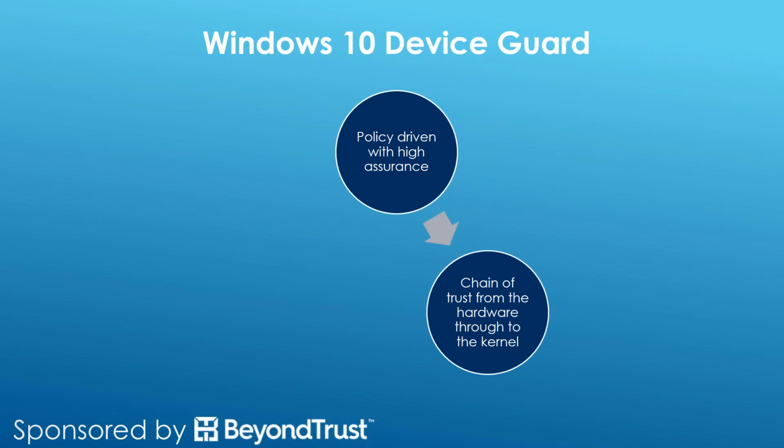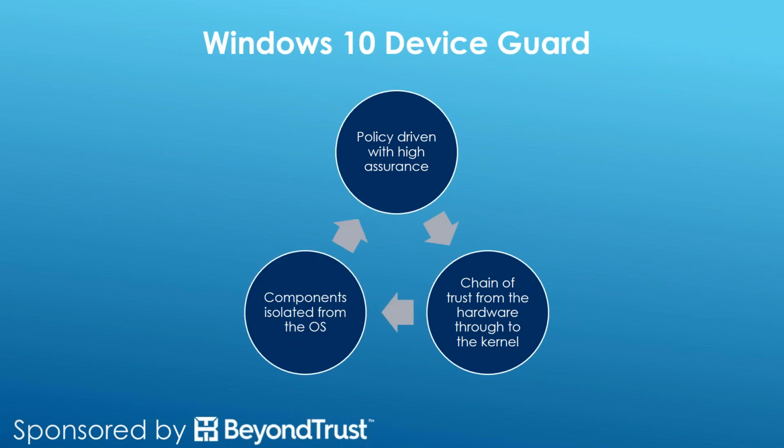And it works by creating a chain of trust all the way from the hardware right up to a virtual bubble called virtual secure mode, which isolates the decision-making process of Device Guard itself from the Windows kernel.